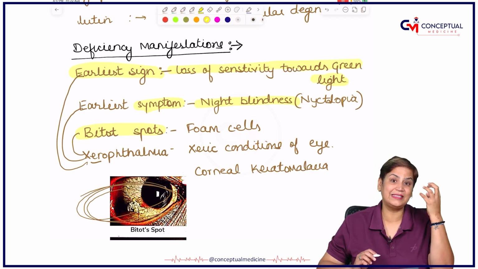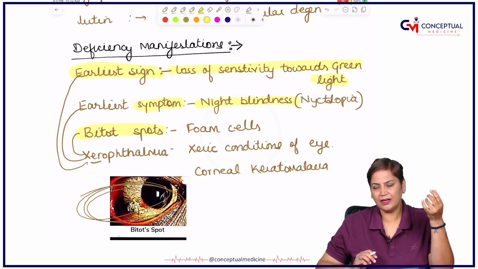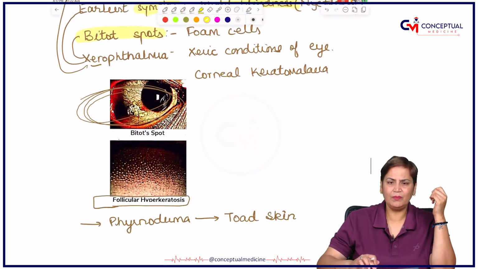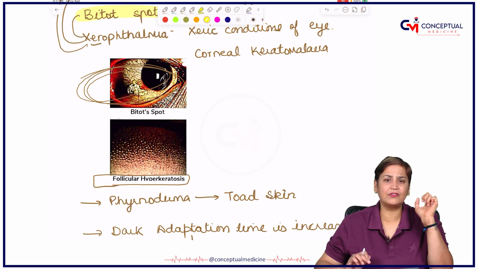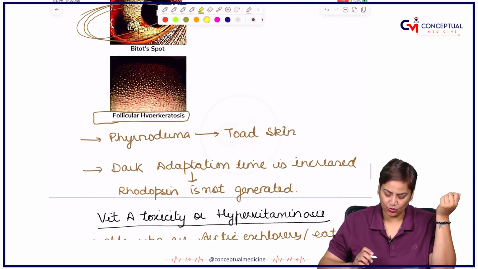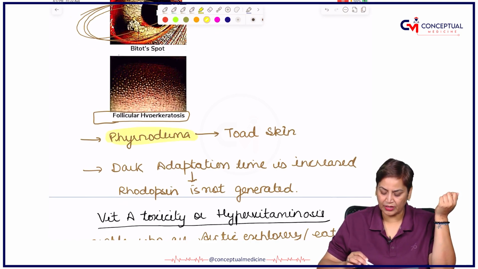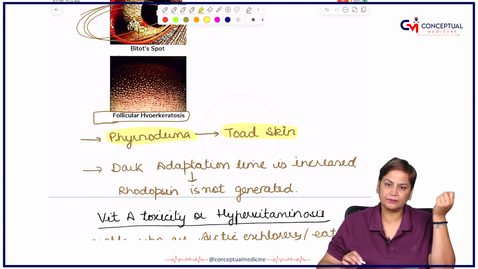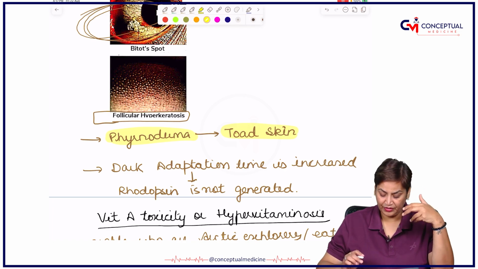The eye will undergo xeric conditions. Corneal keratinization will be there, and the skin will become scaly, very rough, which resembles the skin of a toad, and that is why it is known as phrynoderma or toad skin.